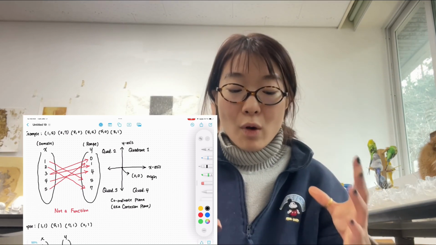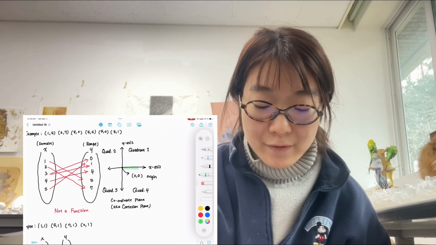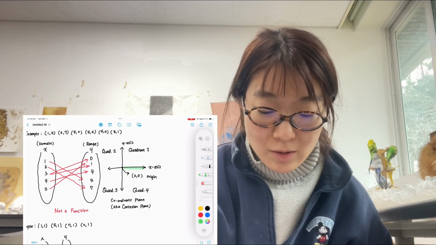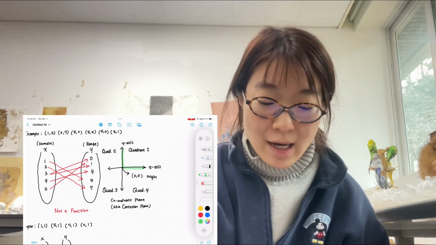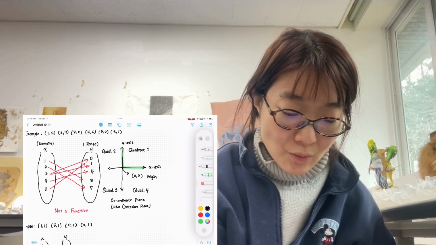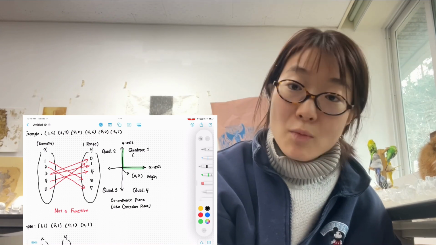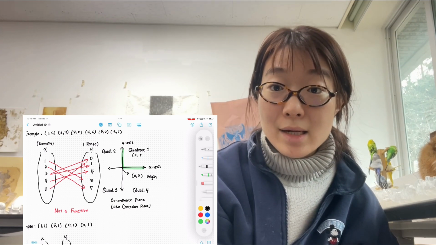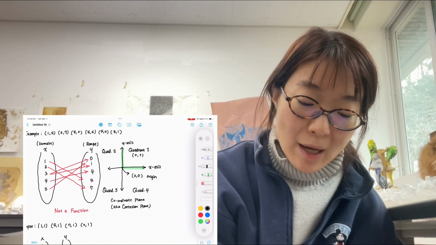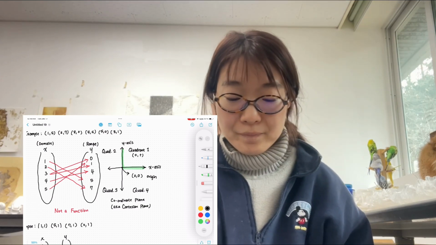So in quadrant 1, all the x values will be positive, and all the y values would be positive as well. So we know that when a coordinate point is in quadrant 1, x is positive, y is positive.